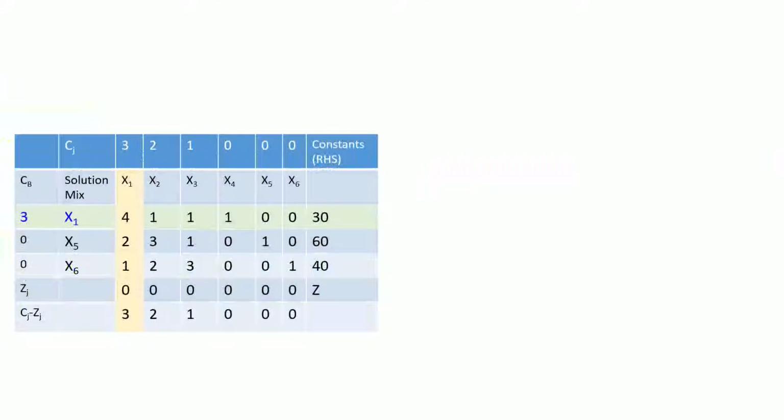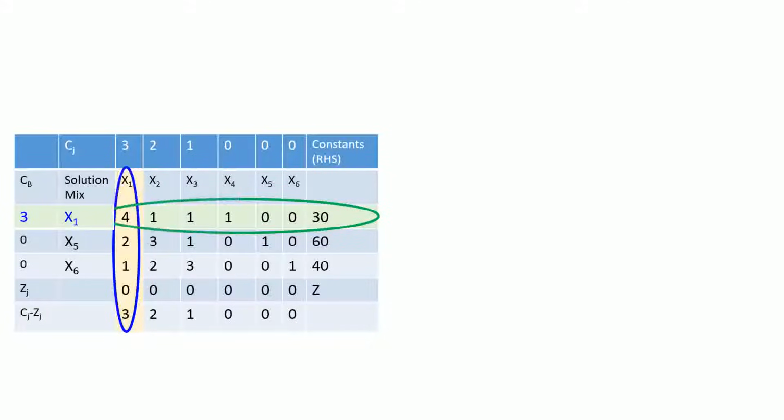Look, we have replaced the leaving variable with the entering variable X1. This is the pivot row, this is the pivot column, and the intersection of the pivot row and pivot column is 4. So 4 is the pivot value.